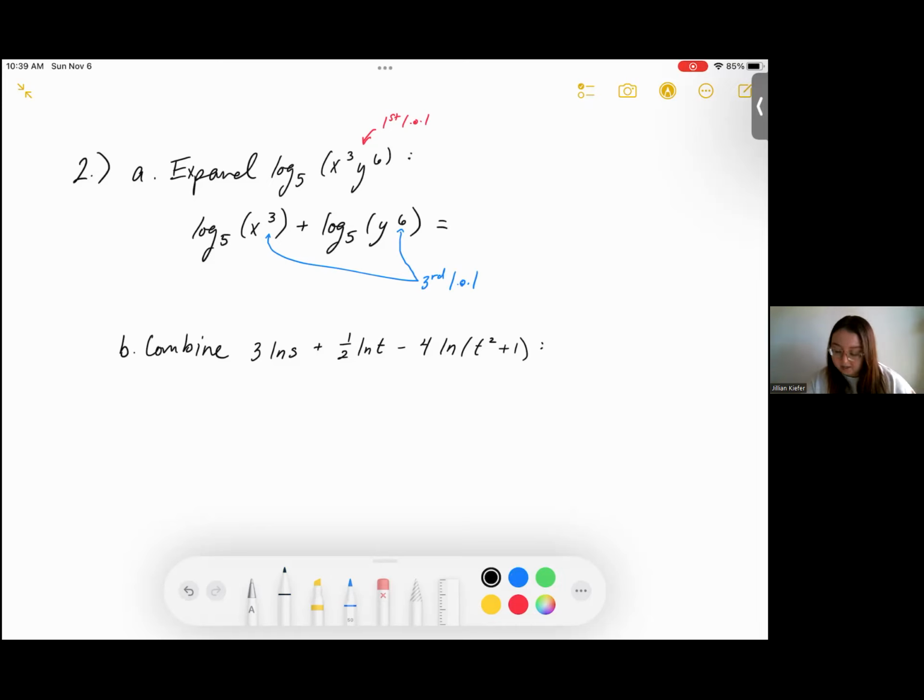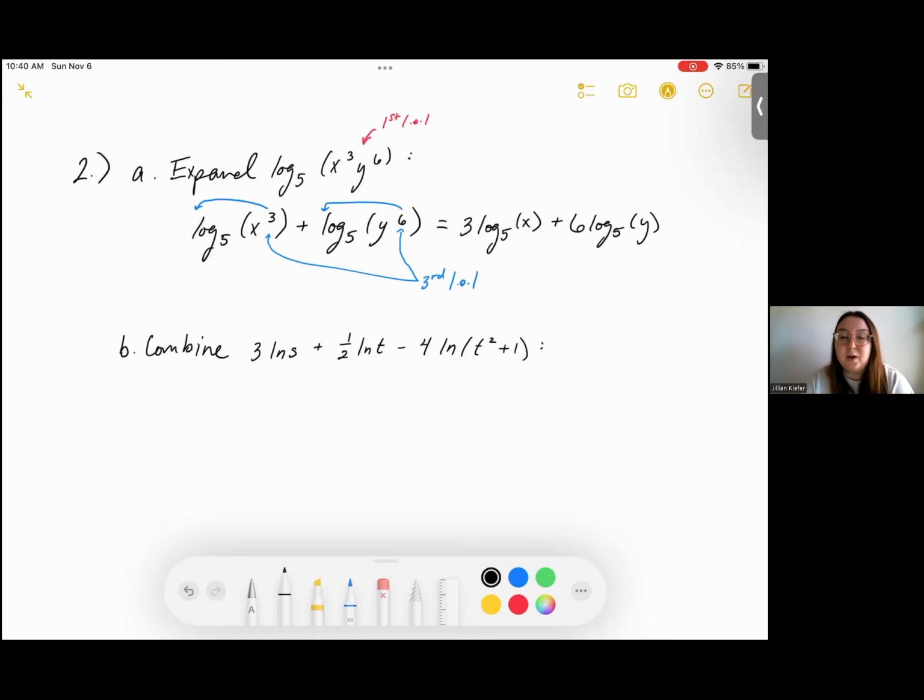So taking them into coefficients, you'll take that 3, move it out to the front, take the 6, move it out to the front. We'll end up with 3 times log base 5 of x plus 6 times log base 5 of y.